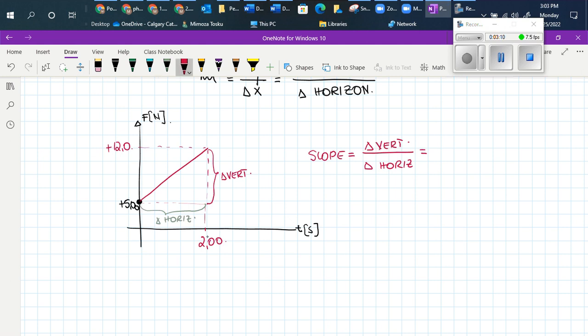Physically, the vertical change will represent the change of the force, because what we have in the vertical direction is the force, okay? And in the horizontal direction we have the time. Make sense, guys?